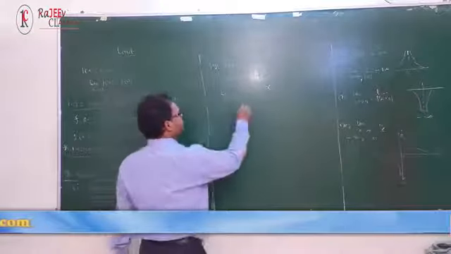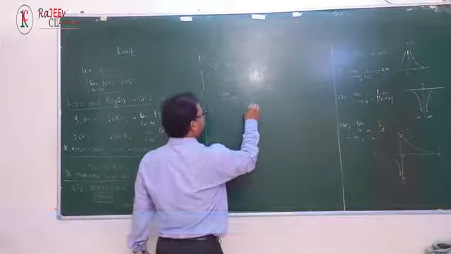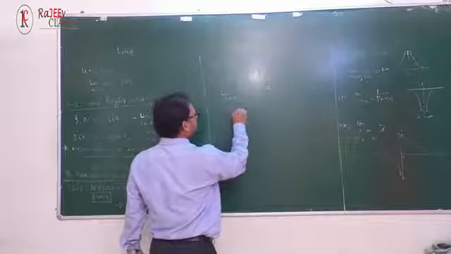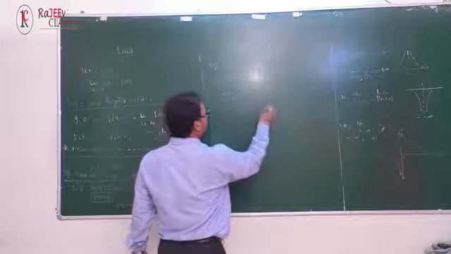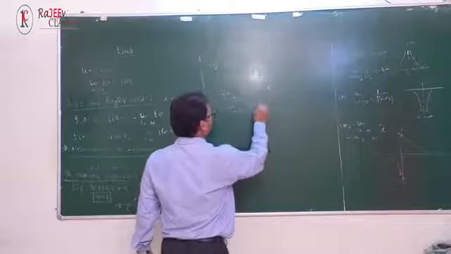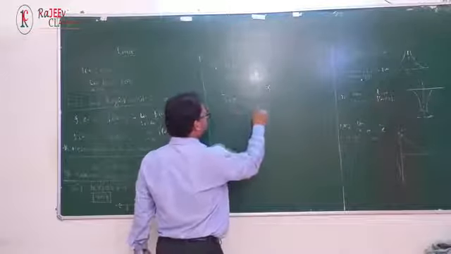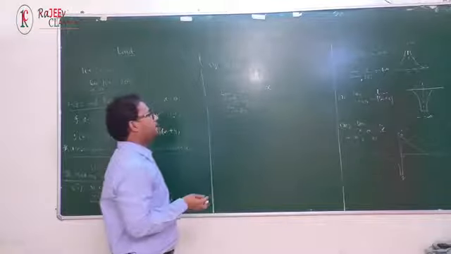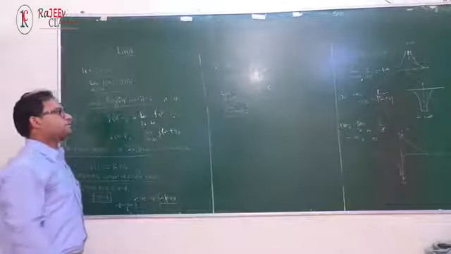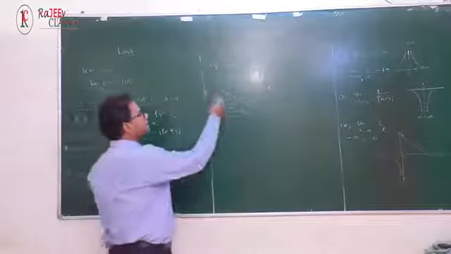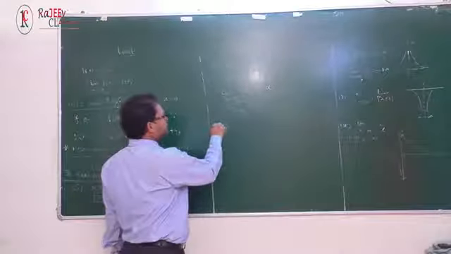Reason: sin x, as x tends to pi by 2 minus, gives a value which is less than 1, and for a value less than 1 sec inverse is not defined. That's why in the neighborhood of the point the function is not defined.